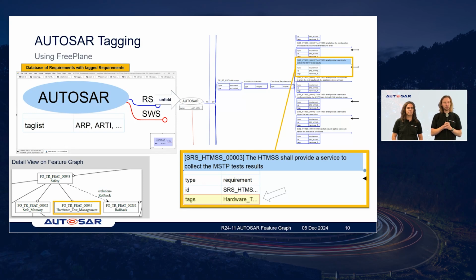So you can also see on the lower right-hand side that all the requirements are also tagged. In this case, you can easily go through the whole standard and just filter it to the certain information you're looking for. In this case, it could be hardware test management. So this graphic should just show you the possibilities, or what we're trying to achieve here.